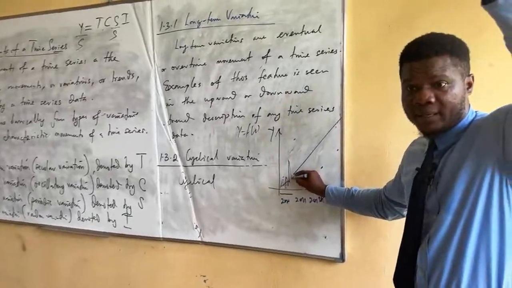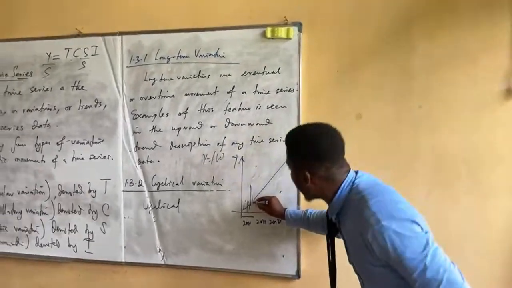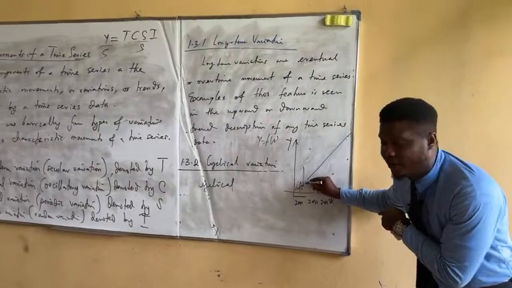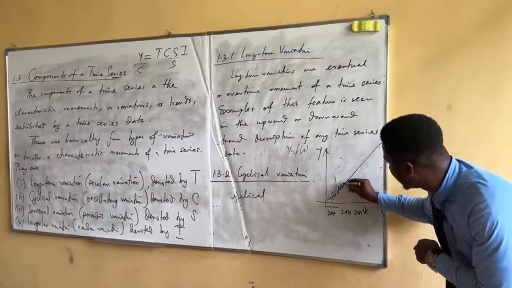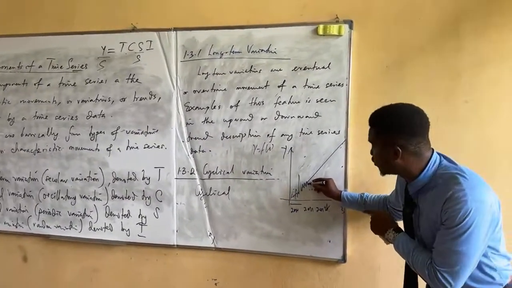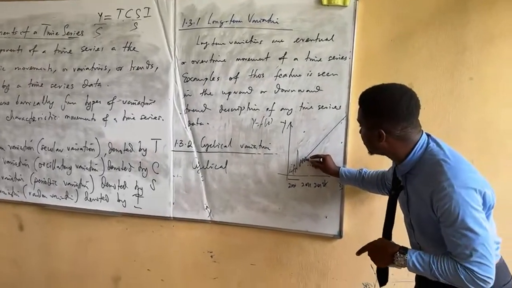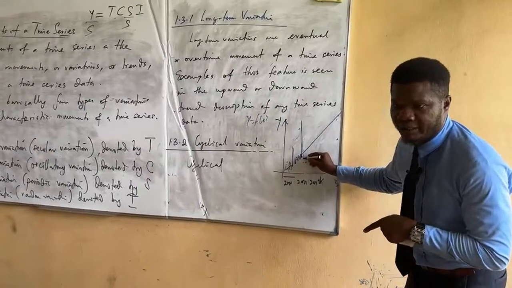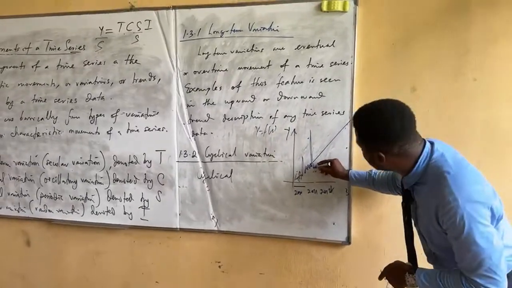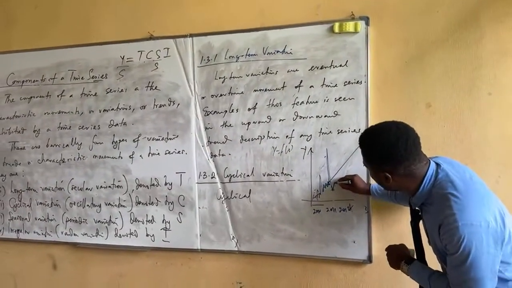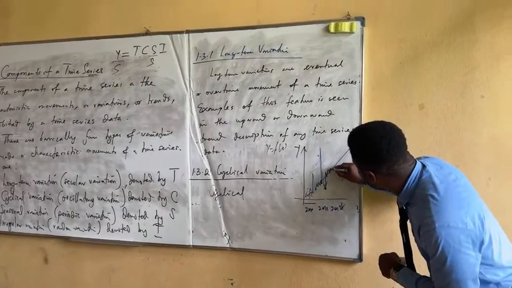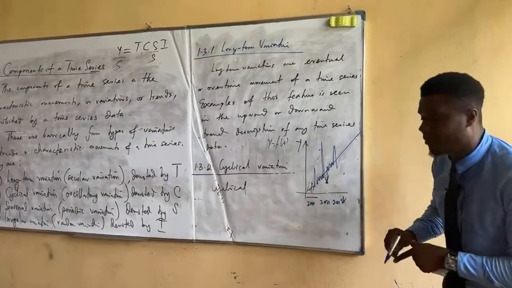A very sharp high is what you will see. Then when you get into January of 2011, you will see something like this. Then when it gets to December 2011 again, the ember months, you will see a very high one again. Do you understand me? Then coming to 2012, it goes again in that manner.